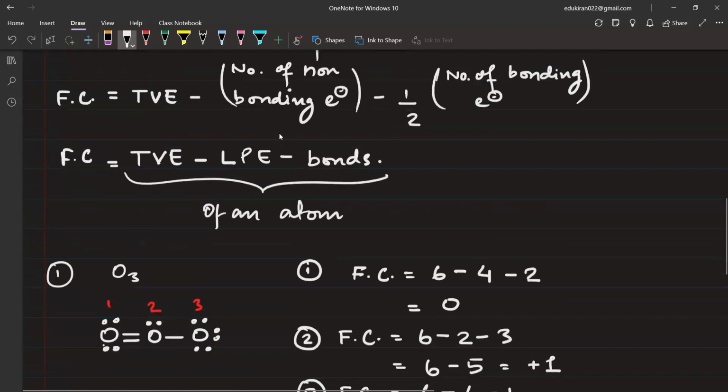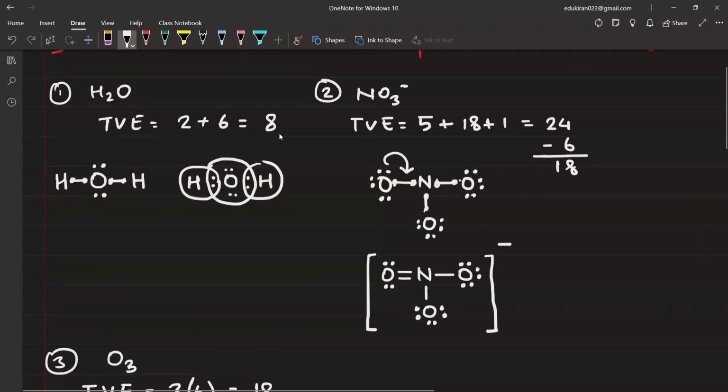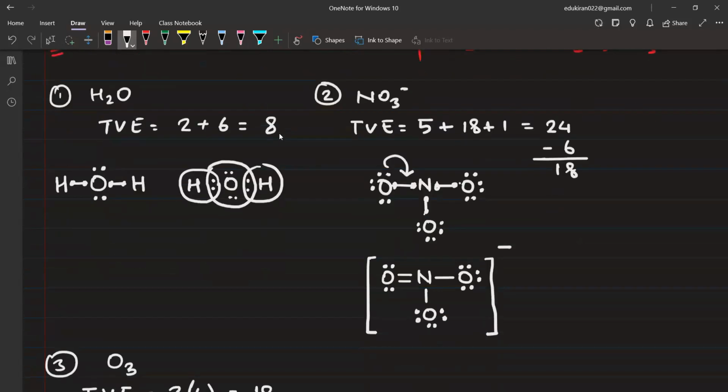Wait a second, guys. When we draw the structure of NO3, you have to draw a square bracket and put a negative charge there. Can you please edit this? Please write it once again, NO3 negative. Since it has a charge, you draw square brackets and then a negative charge.